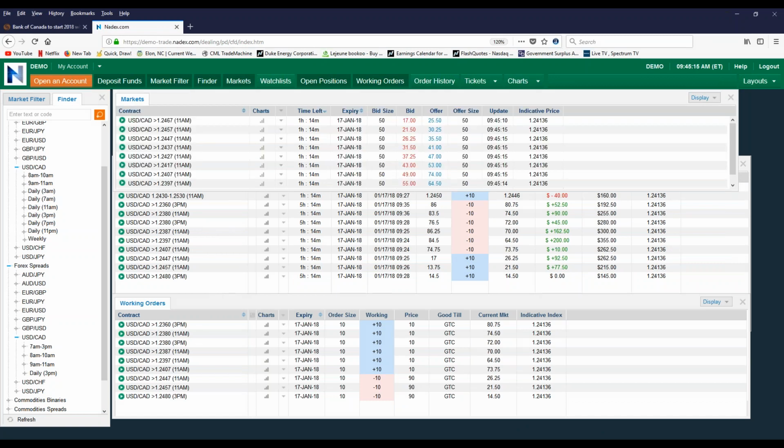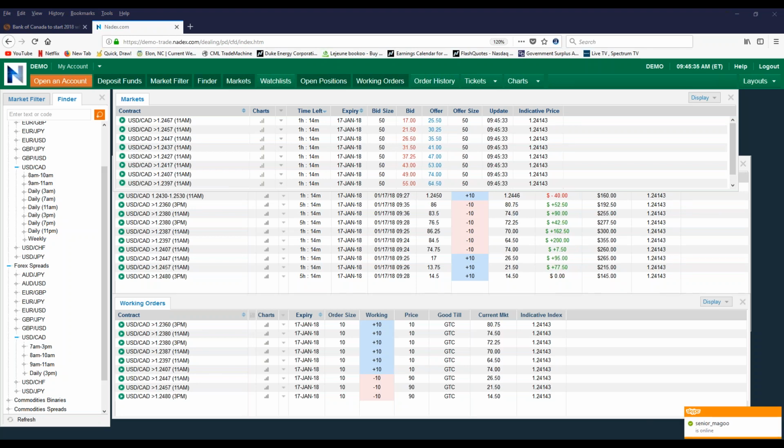Now, I wanted to show you on the 9 to 11, which is a 2-hour binary, okay? Do you see how your strikes are 10 pips? Okay, price is currently trading at 1.2414, okay?